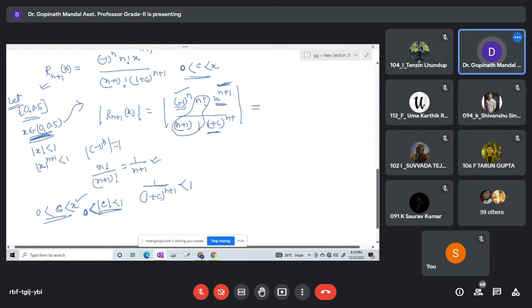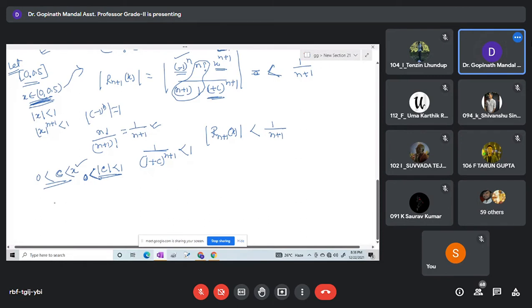So mod of 1 by (1 plus c) to the power n plus 1 is also less than 1. So we can write that R(n) of x is less than 1 by (1 plus n).